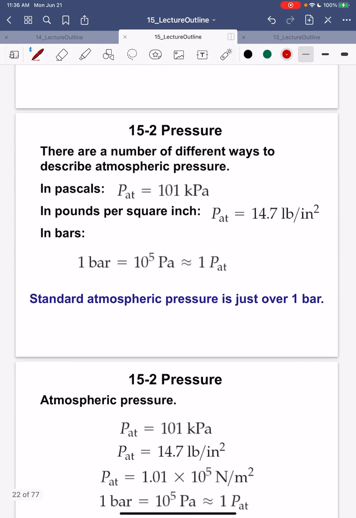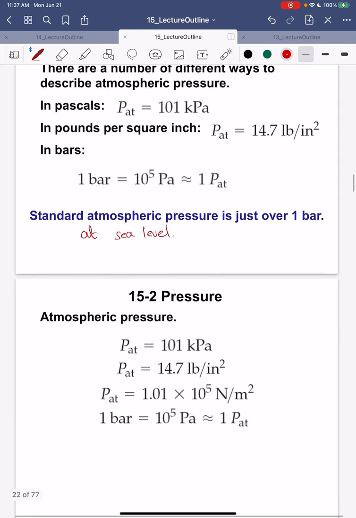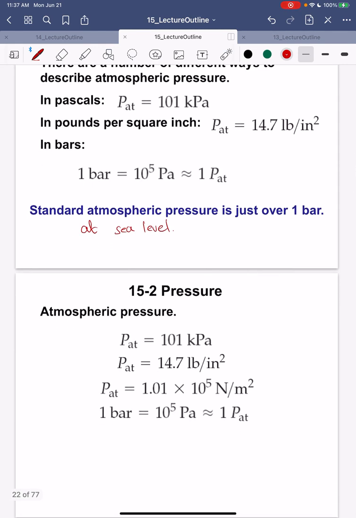Now, the standard atmospheric pressure, and when we say the standard, we say it is at sea level. Sea level doesn't mean the actual sea level. It is a level that everybody agreed on to have as the level that is 0 elevation, and the pressure there is a little bit just over 1 bar. Here is a summary of the values.